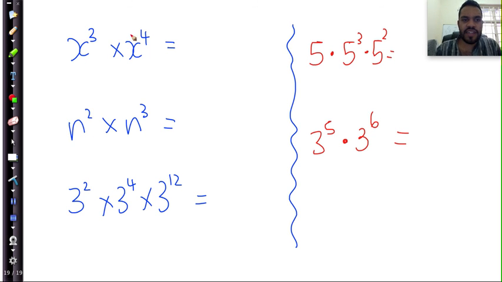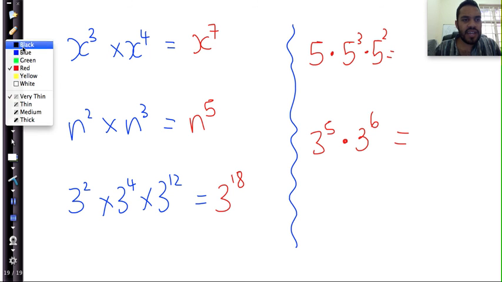Okay, so I take it you've done that. Again, we keep the base because we're multiplying things with the same base, and then we add the exponents. 3 plus 4 is going to give me 7. n squared multiplied by n cubed is just n to the power of 5. And here, the base is the same and I'm multiplying, so I just add the exponents. 12 plus 4 is 16, plus 2 is 18.